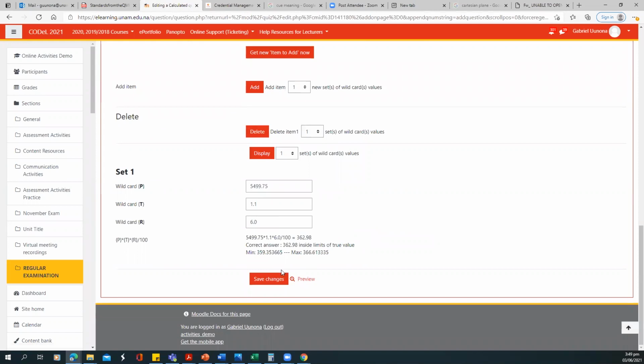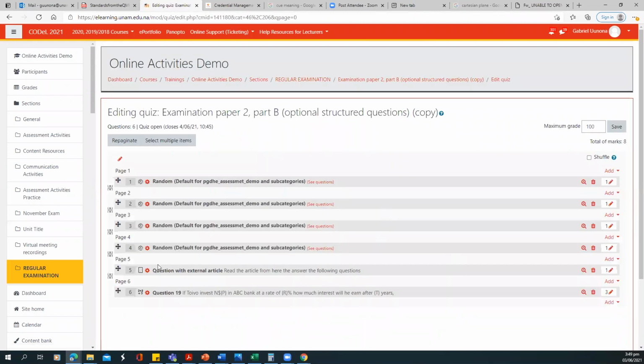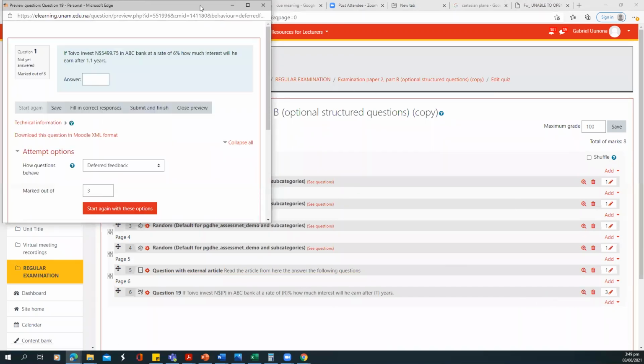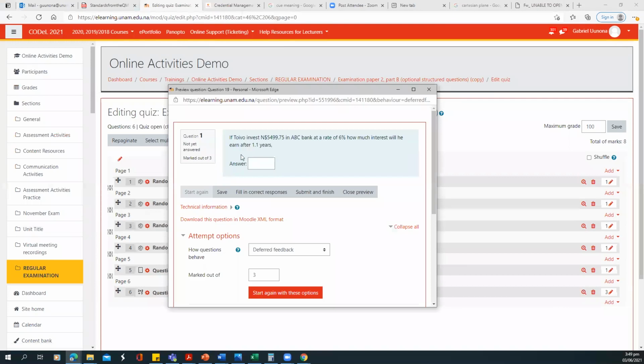And now we will be able to save this question, and let us preview it. Once we preview it, you will notice that the amounts are placed by the system. If Toivo invests 5,499.75 in ABC Bank at the rate of 6%, how much interest will he earn after 1.1 years?